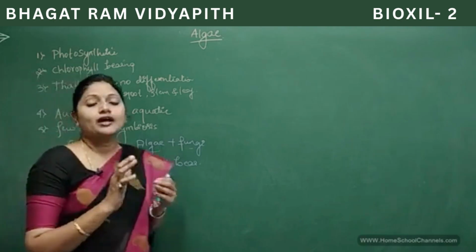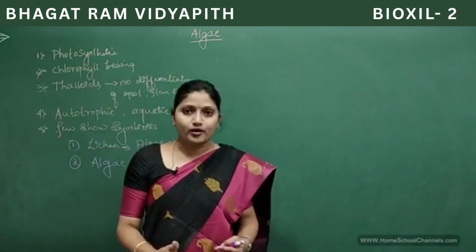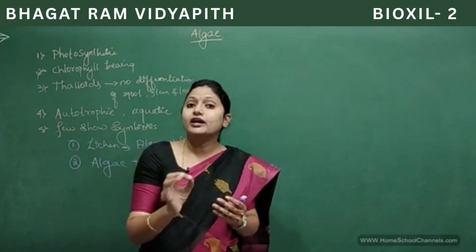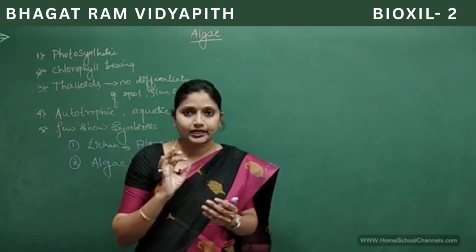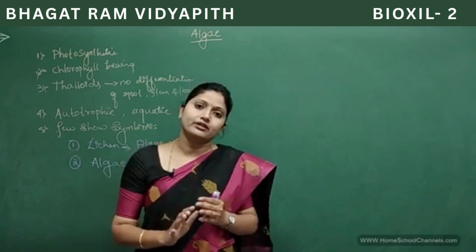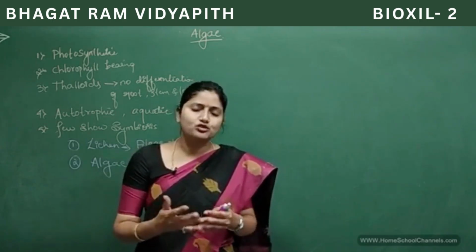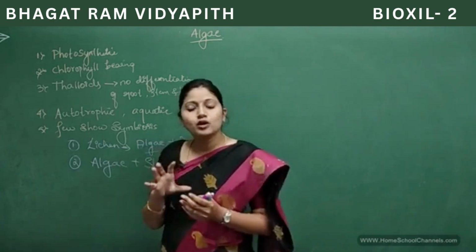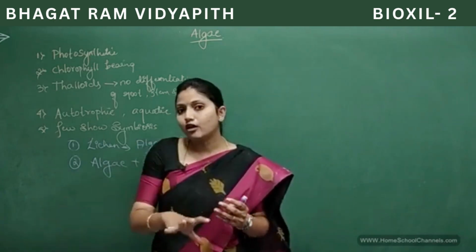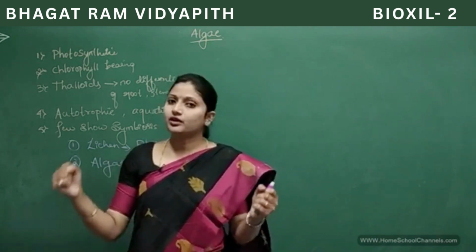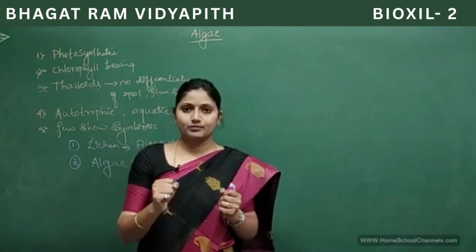I repeat it again. Sloth bear has got fur all over the body and that fur will absorb the water readily. So algae requires water for survival. It requires a lot of water. If there is no moisture, it cannot grow, isn't it? So since there is more moisture in the fur of the sloth bear, the algae will absorb the water from the sloth bear.